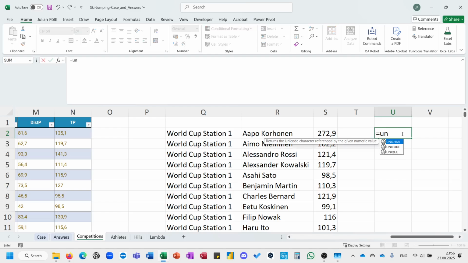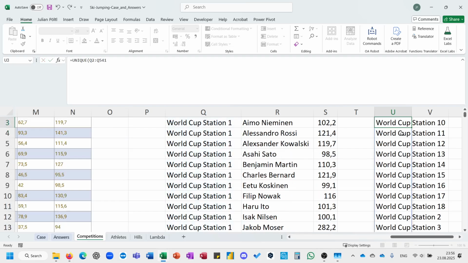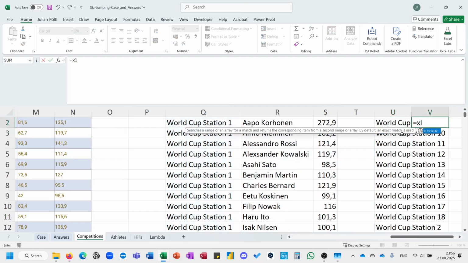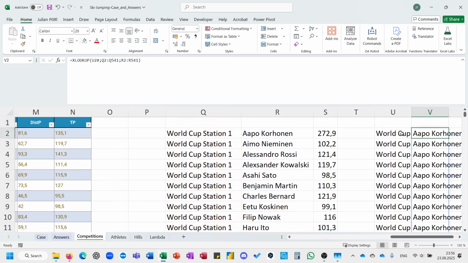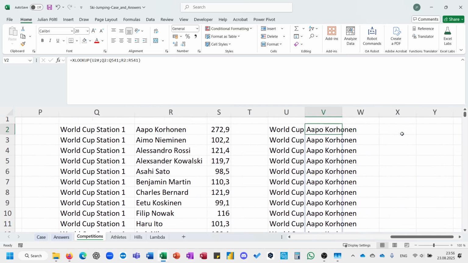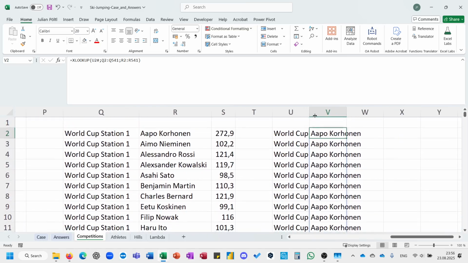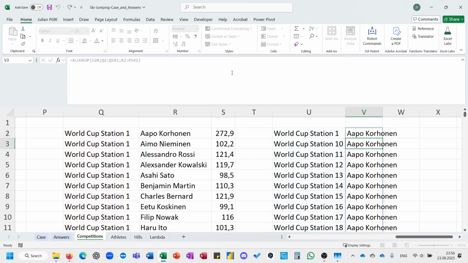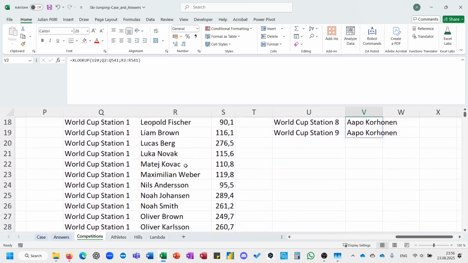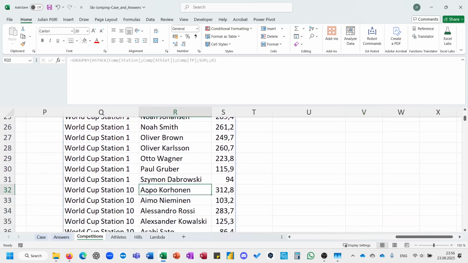I can also use unique and then do an XLOOKUP for this in here, returning the name, because this is then sorted and we only get the first. It cannot be that he's the winner every time, because this is not sorted.